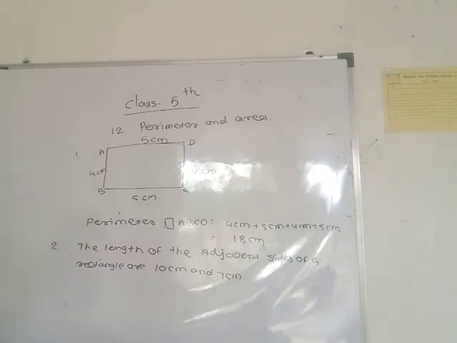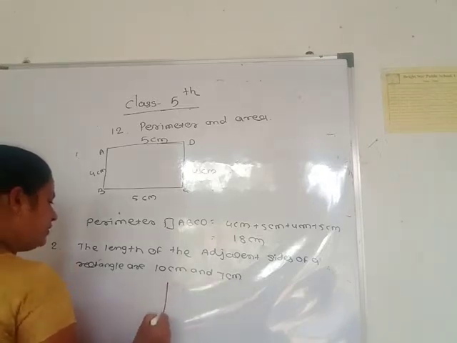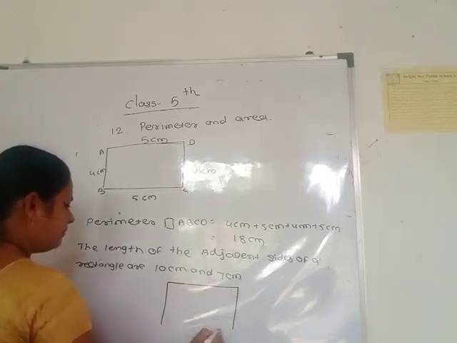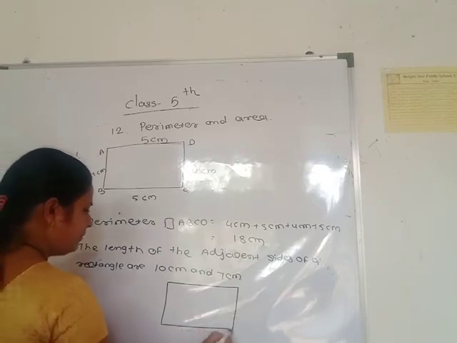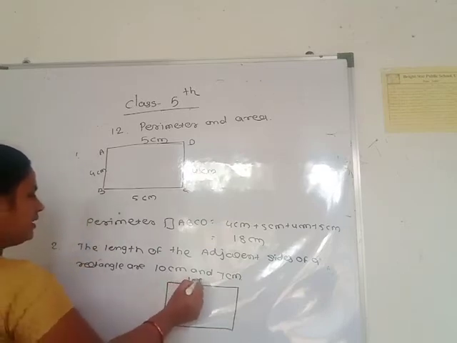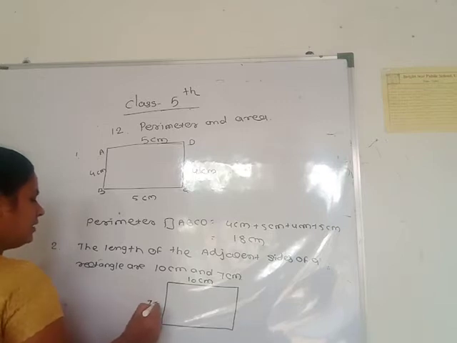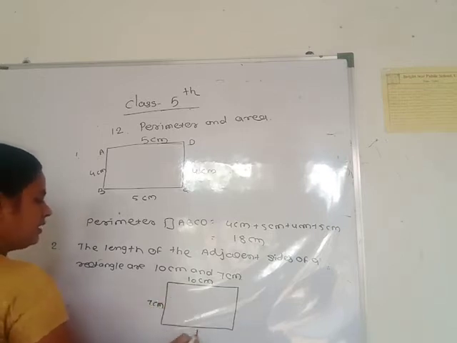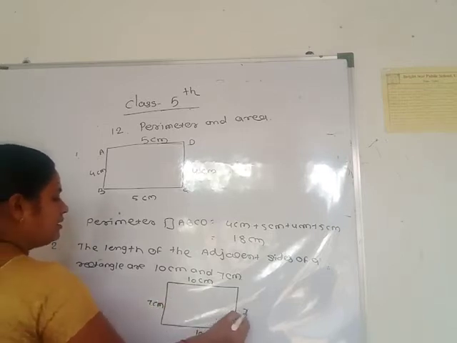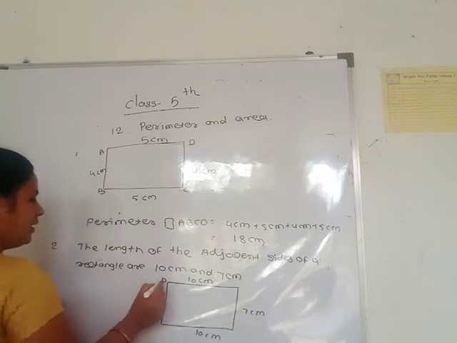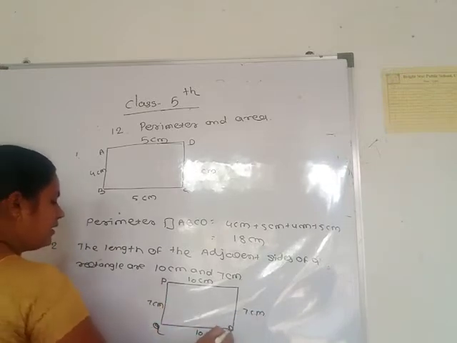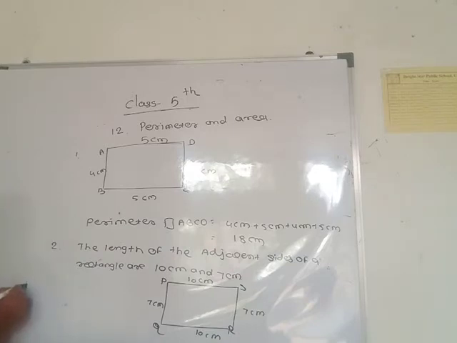What is the perimeter of this rectangle? Then you draw the figure of this rectangle. Adjacent sides are 10 centimeter and 7 centimeter, opposite sides are equal, this also 10 centimeter and this also 7 centimeter. Give the names PQRS.